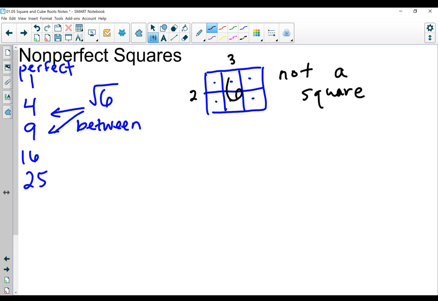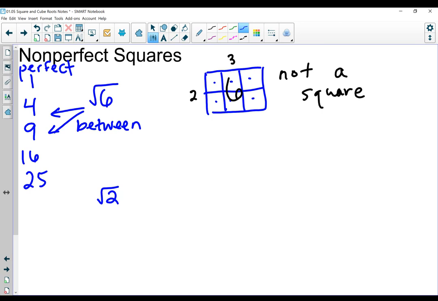Let's look at one more really quick and make sure we understand it, and then we'll use a calculator and find the value of both at the same time. Another one that I could use is 2. So let's look at square root of 2. Square root of 2 would be between the 1 and the 4. 2 is not a number on my list, so being not a number on the list is one way you can tell.